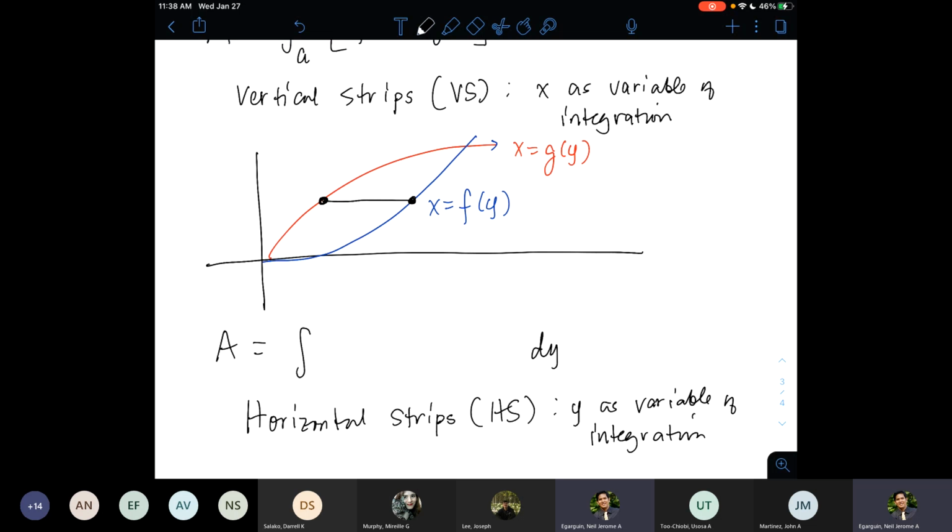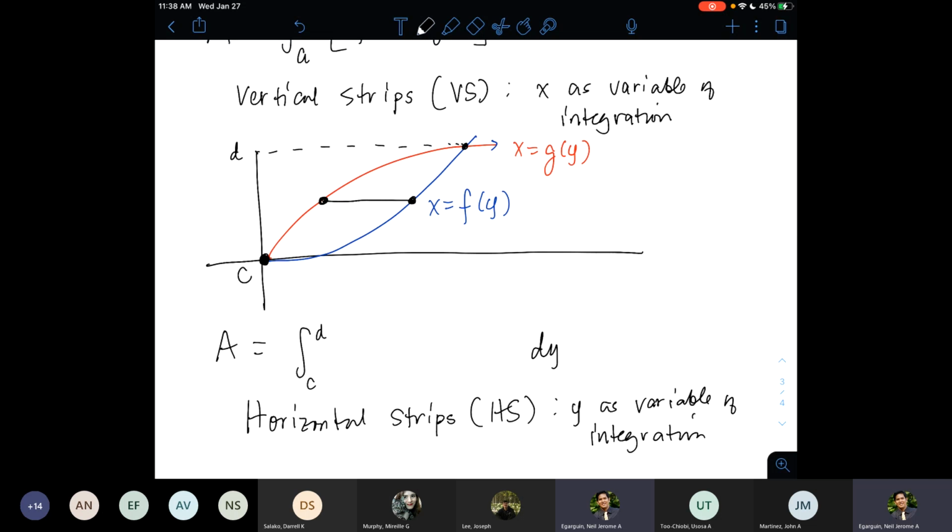And then since y is the variable of integration, the bounds for the integral should be bounds for y. So you need to identify what is the starting y value. Say this is c, the starting y value. And maybe this is the ending y value for the region. Let's call that d. So the integration should be performed from c until d.